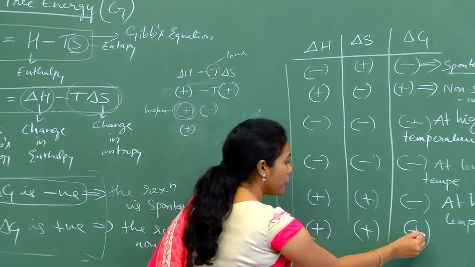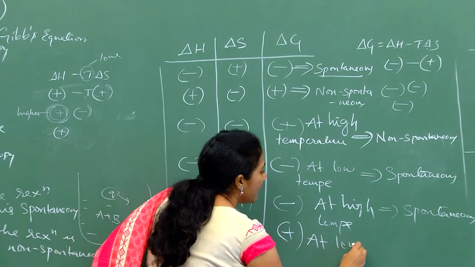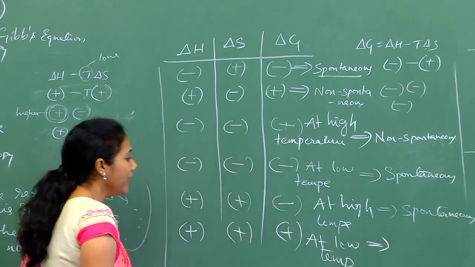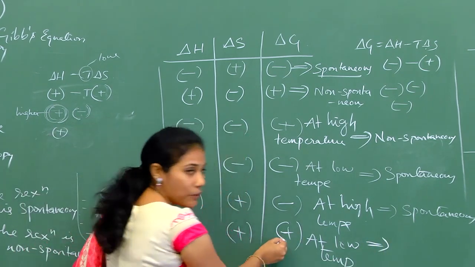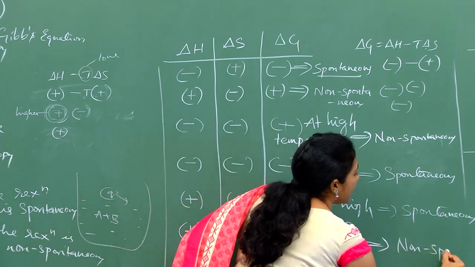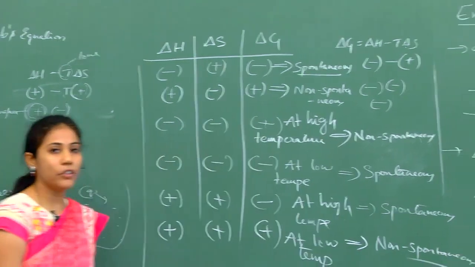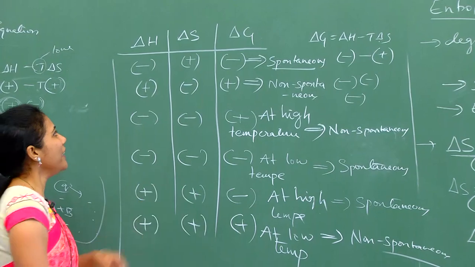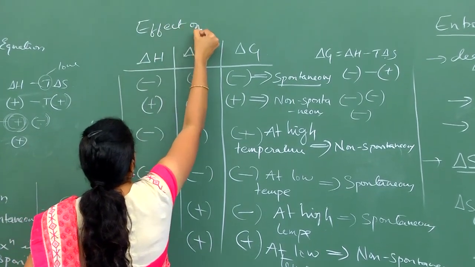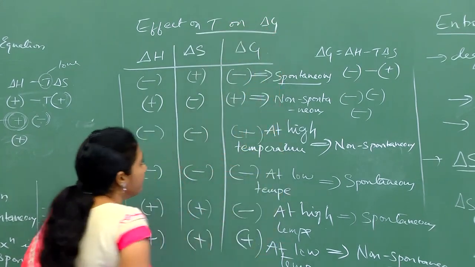So I can get a positive value when both are positive at low temperatures. Okay. So this implies that when you have a positive delta G, the reaction is non-spontaneous. Okay. So this is actually the effect of temperature on the delta G value.